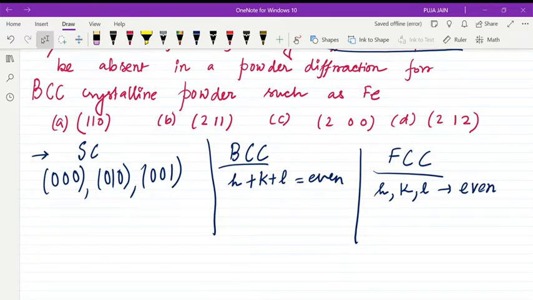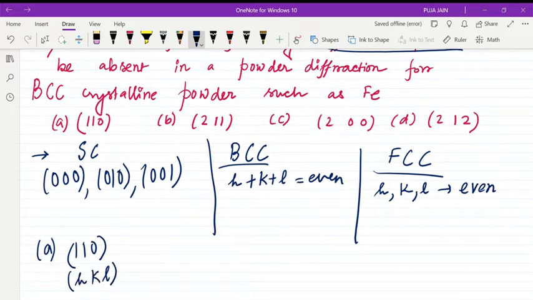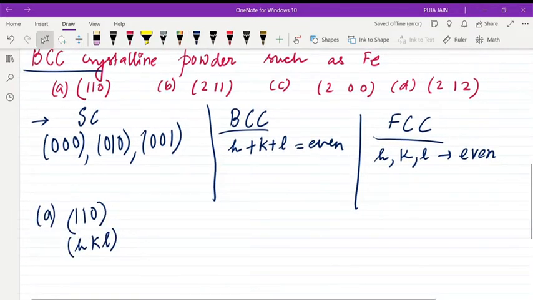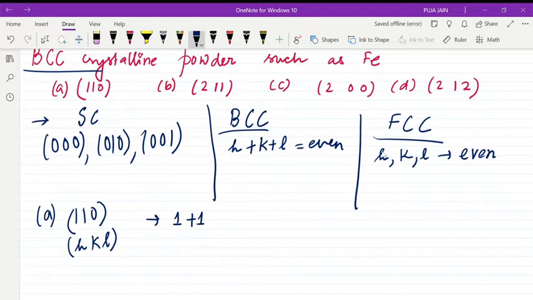Now from the options we will check 1, 1, 0. These are basically my H, K and L values. Here they have asked for BCC, so we will check option A. What are we getting? 1 plus 1 plus 0, we are getting 2.